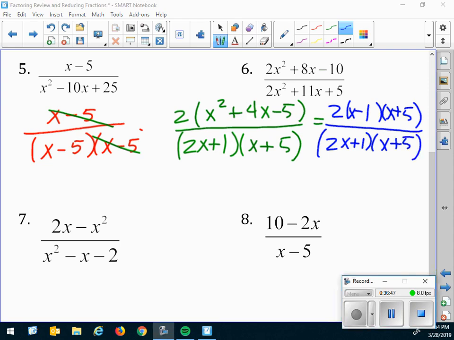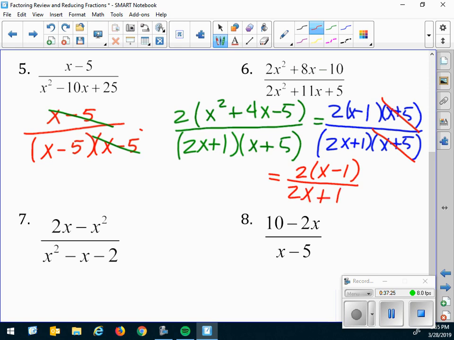Anybody factoring like mine? No, because if I FOIL that, if I distribute the 2 into the x minus 1, I have 2x minus 2. Yep. Yes. Now, what do you see? So you are left with 2 times x minus 1 divided by 2x plus 1.